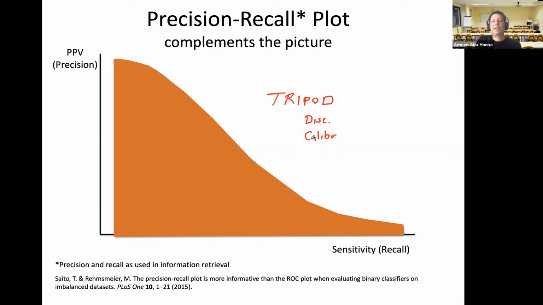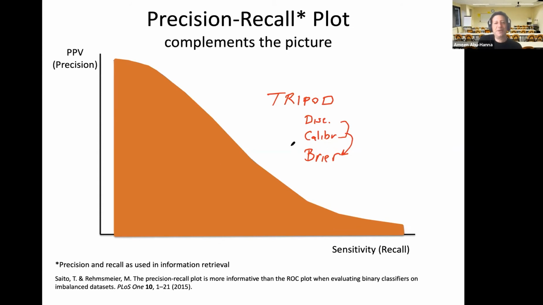I usually add something called the Brier score to it, which is a mix between these two, and we will see it later. But there's no standard. I think below 10%, you should use the precision recall. I don't mind using it anyway, it's easy to calculate, you just do it.